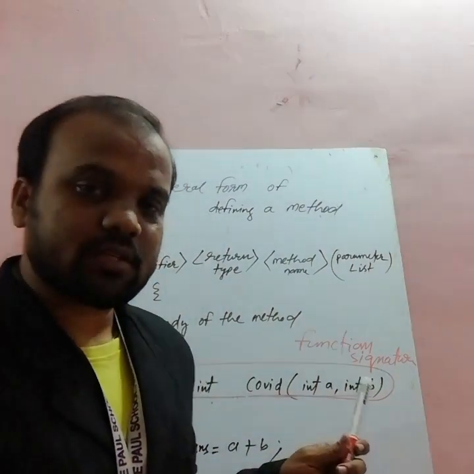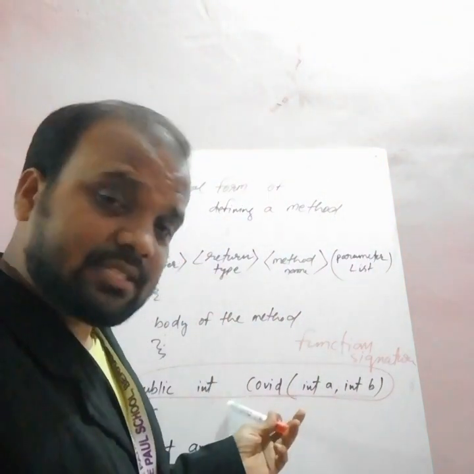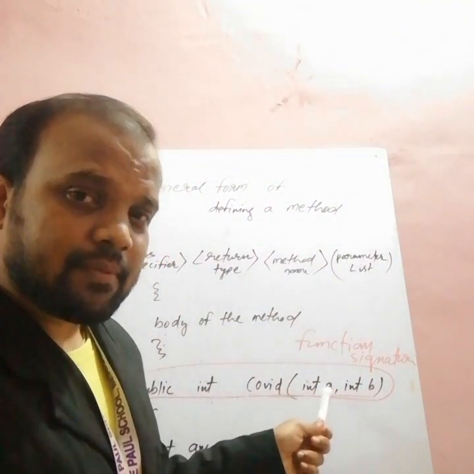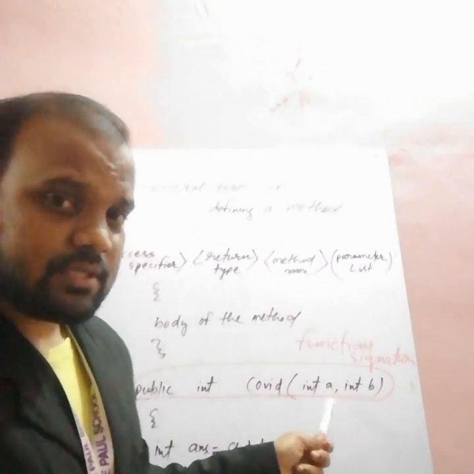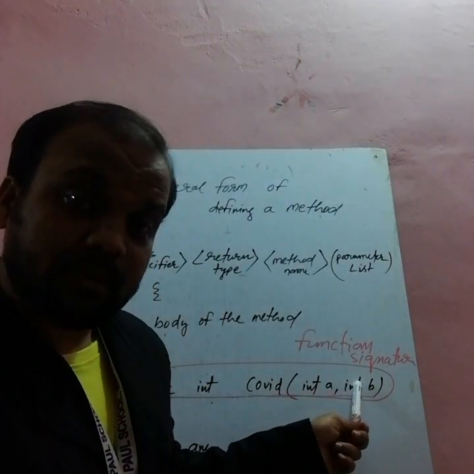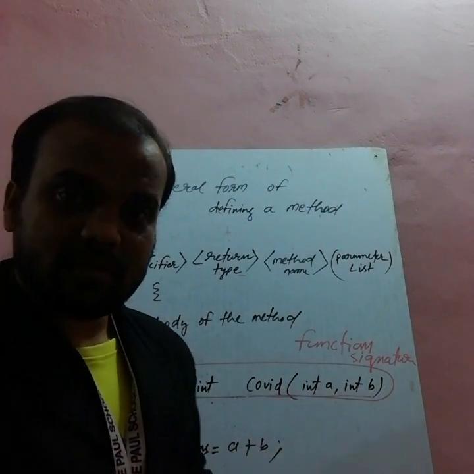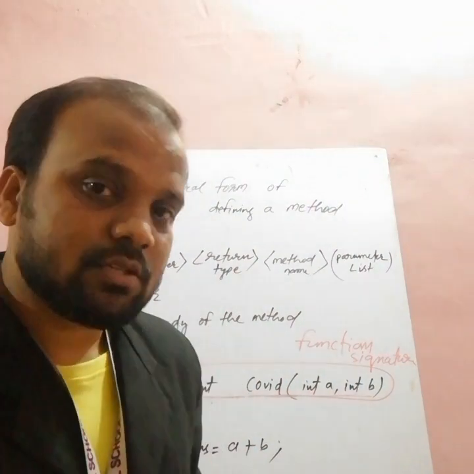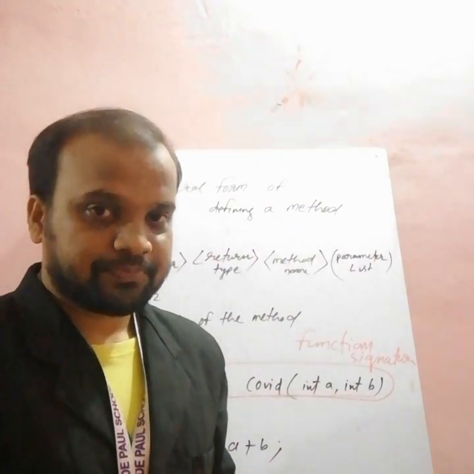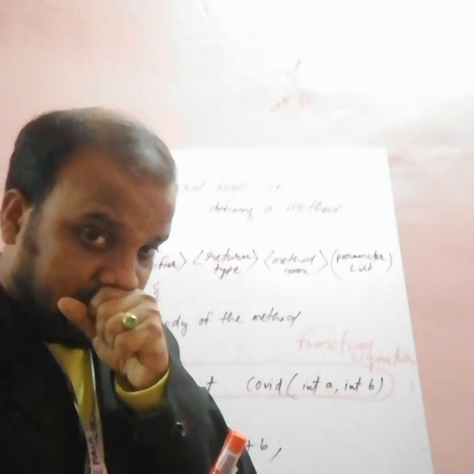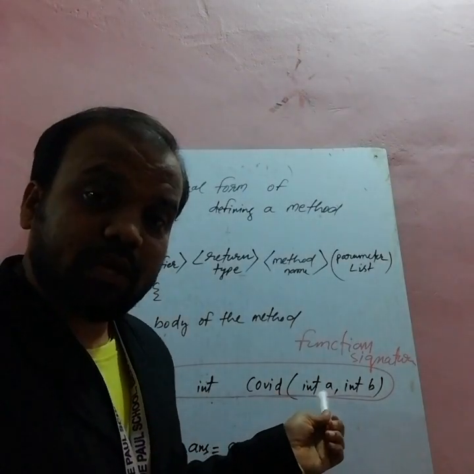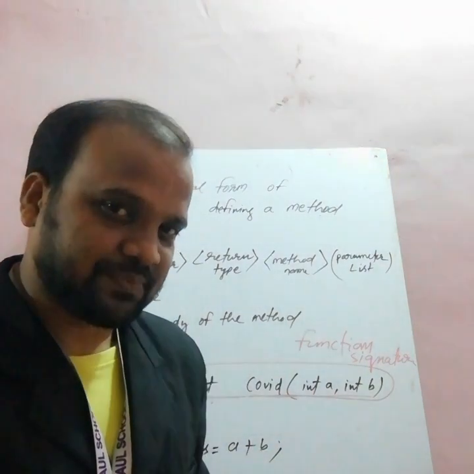As the function type is integer, it can take only integer type parameters. If it is double, you can take both double as well as integer, because you know that the size of double is more than integer. If it is integer, then you can take only integer type values.